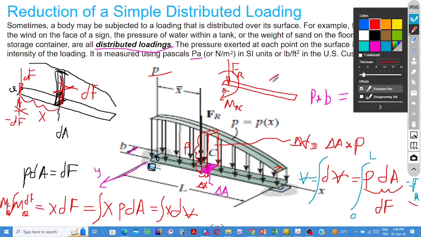To a single resultant force. This system is equivalent to that one.